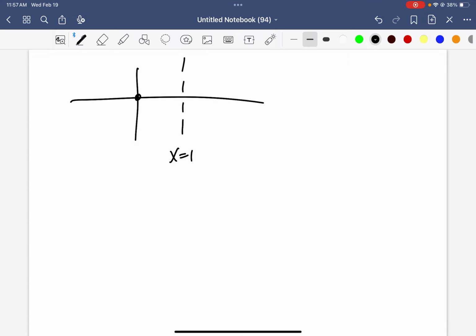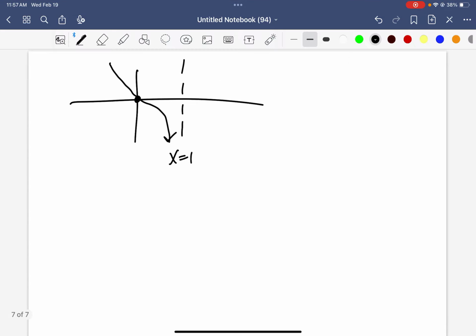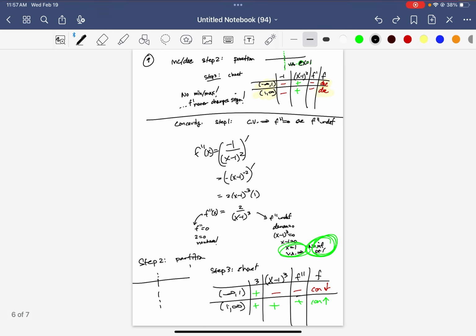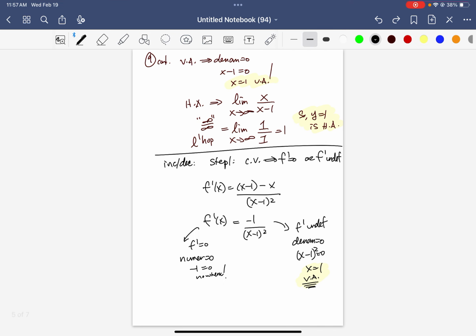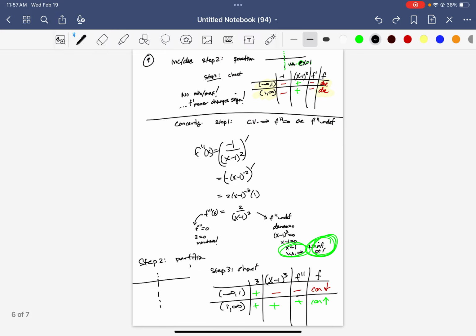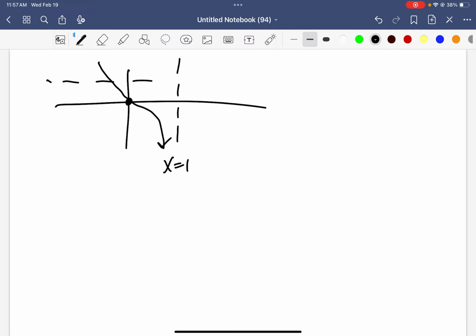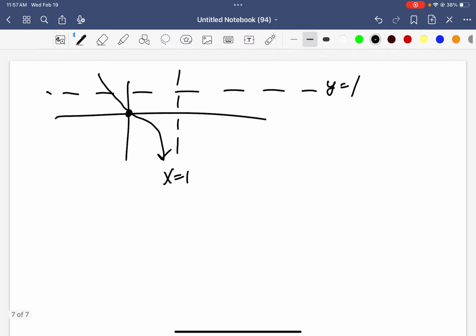So when I start to draw it, I know it's going to decrease. But notice, that's interesting, do I have a horizontal asymptote? So this thing has a horizontal asymptote at y equals 1.